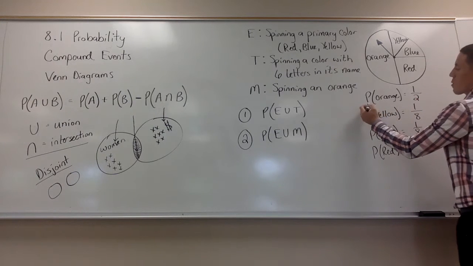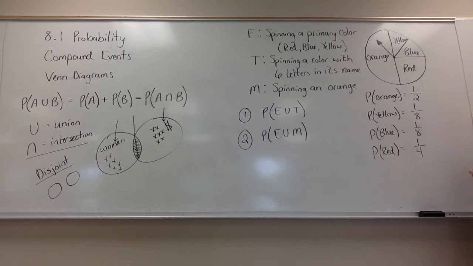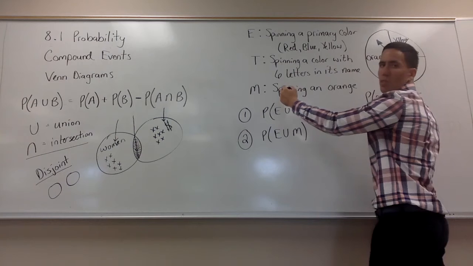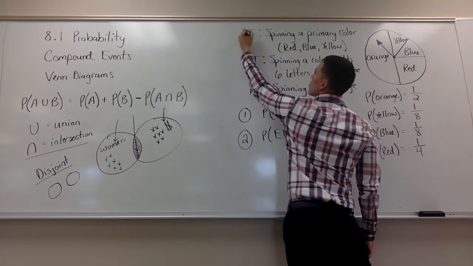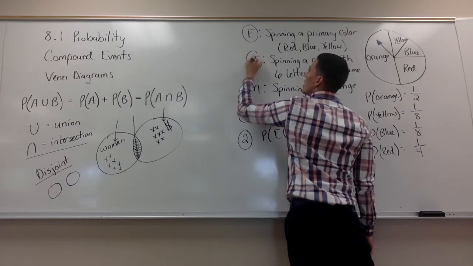I've described the probability that the spinner lands on each of the four different colors here. The probability of orange is 1/2, yellow and blue are both 1/8, and the probability of landing on red is 1/4. Then I've described three different possible events over here, and I've named those events E, T, and M.